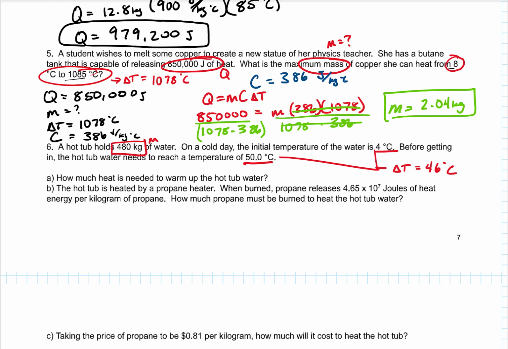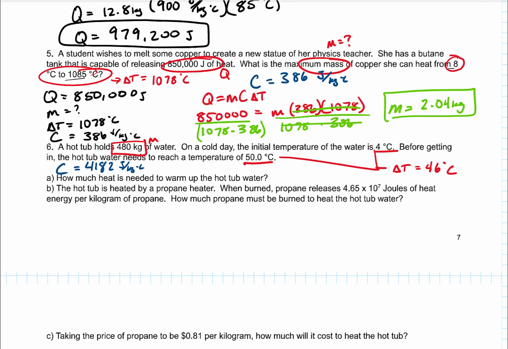So for this, we also need, as we have been given, the specific heat for water. The specific heat for water is 4,182 joules per kilogram degree Celsius.